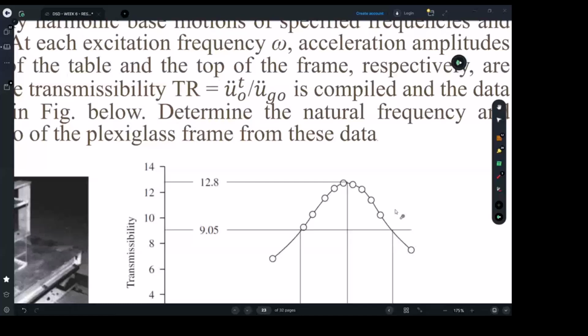My question simply is, by looking at that curve that I'm sharing with you, are you able to tell the natural frequency? What is the natural frequency? Where do you think the natural frequency is going to happen?